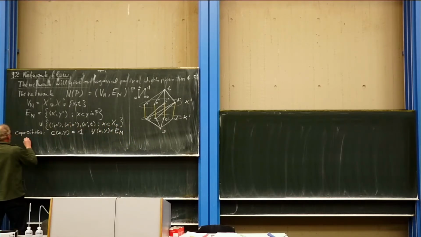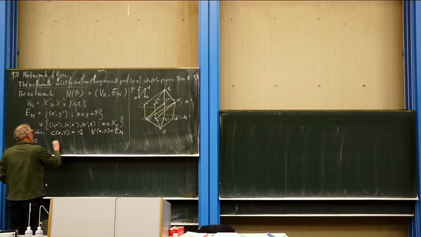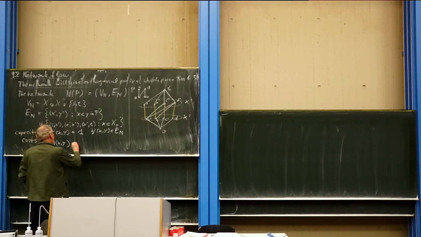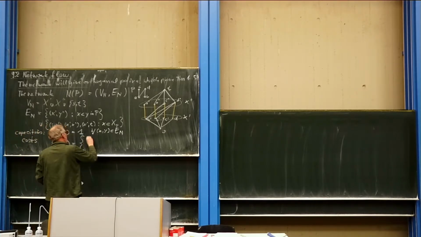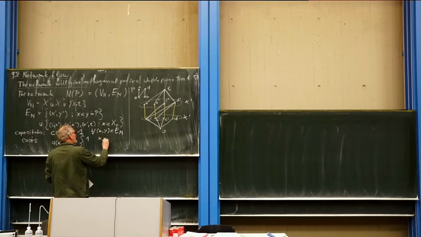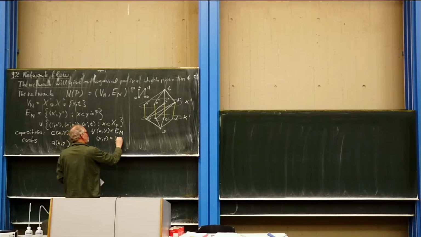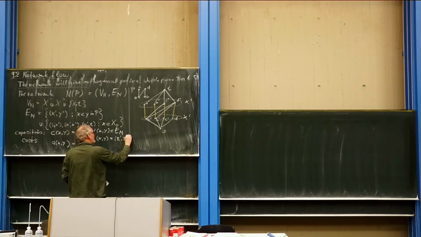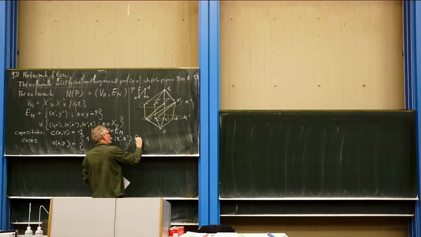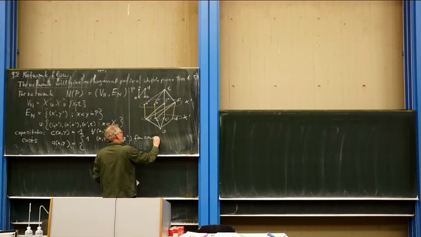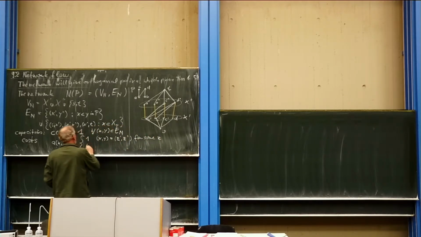And then we have costs. We denote them by A, and the cost of an edge x, y is 1 if and only if x, y is equal to C prime, C double prime for some C, and it's 0 otherwise.